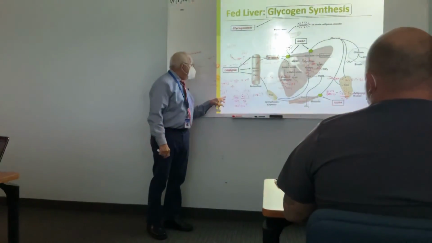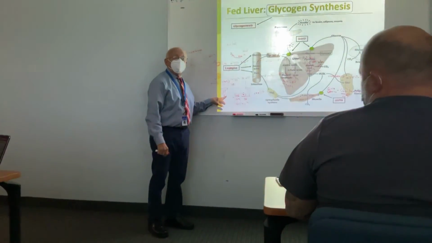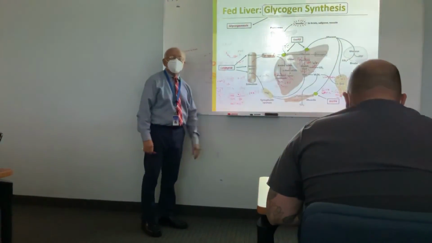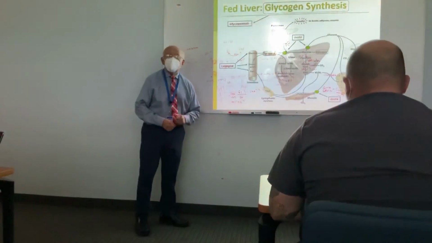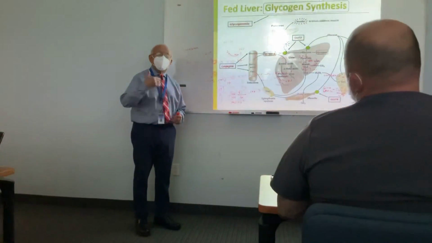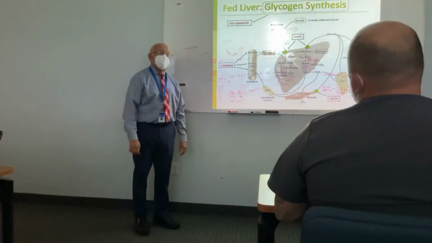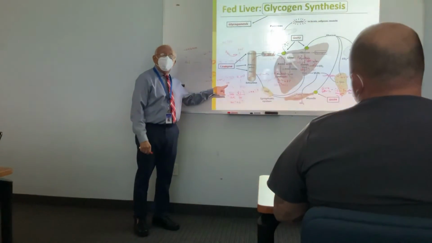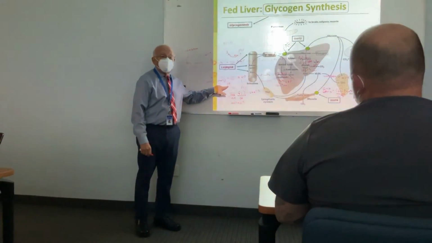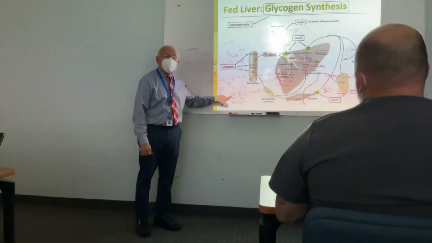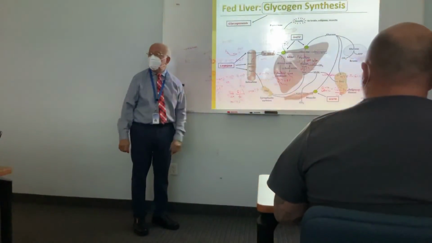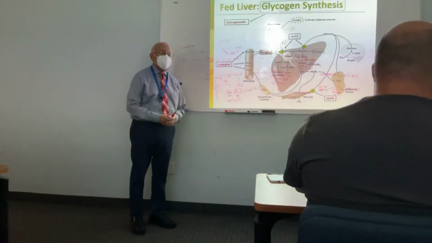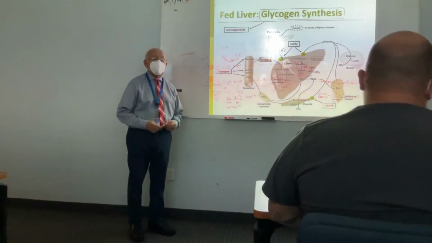PP1 is a very good friend of the synthase, because any phosphatase is a good friend of the synthase: it removes the phosphate, and by removing the phosphate, it activates the enzyme. You see that? And this is the effect of insulin. That's why this is the effect of glucagon, but it's also the effect of epinephrine. So it's not just the synthase.